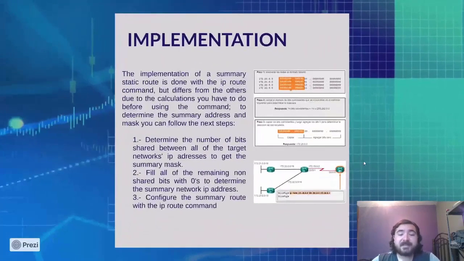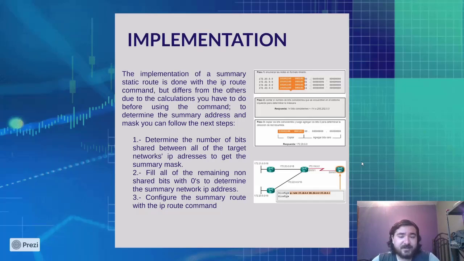To implement this kind of static route, first of all, we need to determine the IP address and mask that our summarized route is going to use. To do this, the first step is to write down all of the target network's IP addresses in binary format. Once we have that, we need to determine the number of shared bits that all of these addresses have.